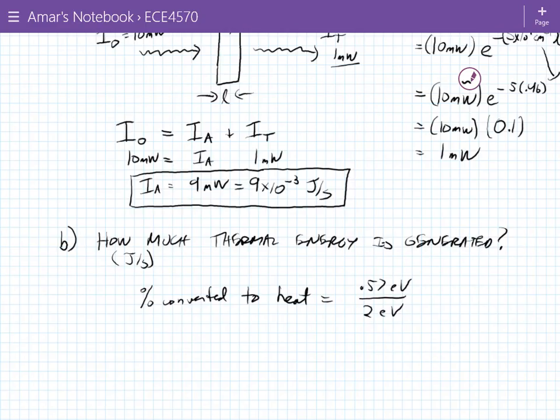Okay, and what does this come out to? 0.57 divided by 2. 28%, 29%. All right. So almost 30% is being converted to thermal energy. So if we're trying to find that out in joules per second, we take the absorbed energy.